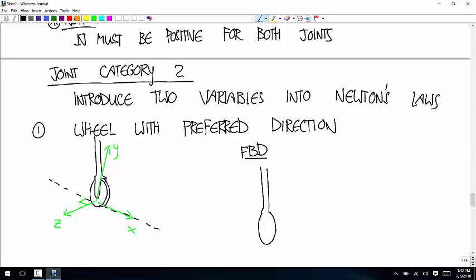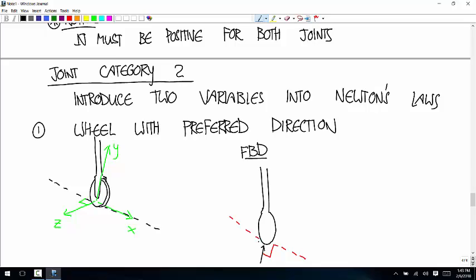If this is the preferred direction, then there's a force vector that way that's perpendicular to the preferred direction.